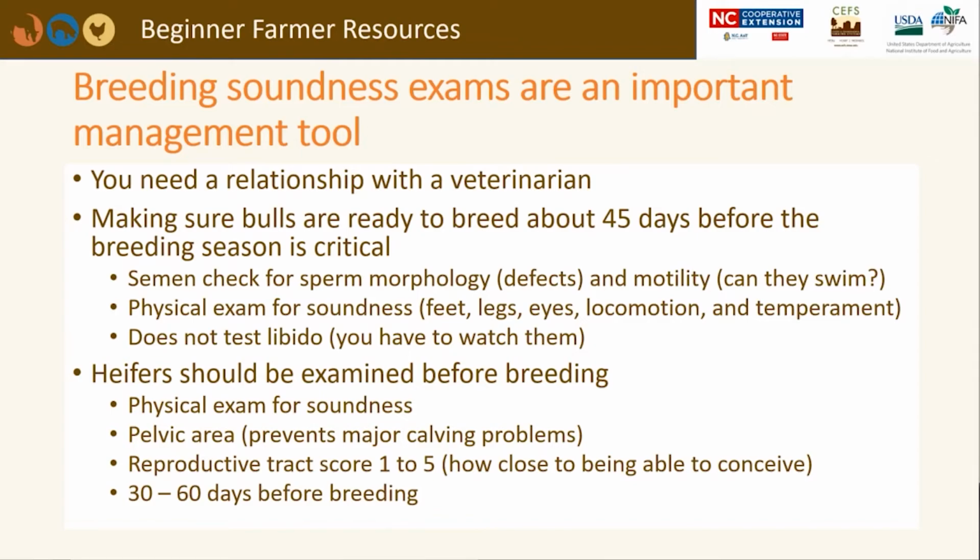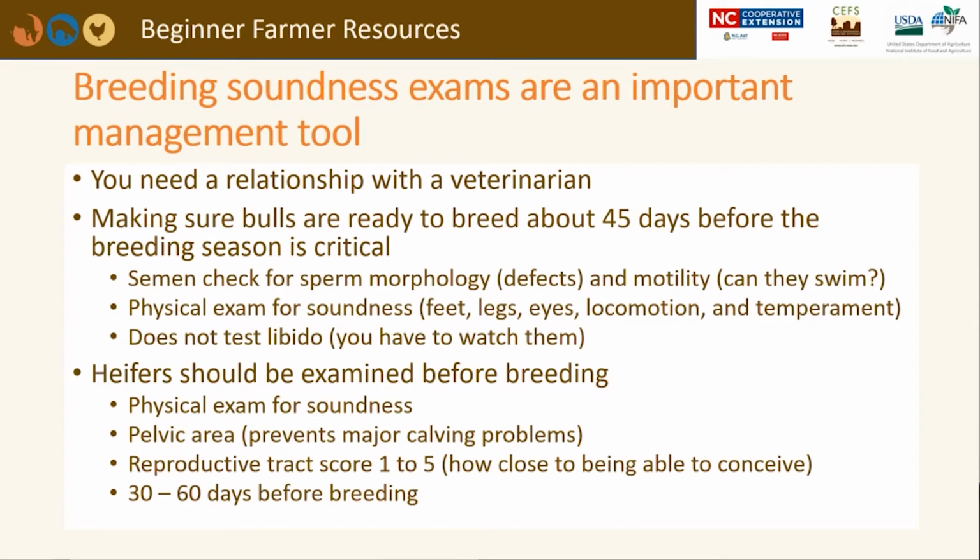We also want to do a physical exam on the bull, which involves looking at the soundness of his feet and legs, making sure that his eyes are good, that he can see, that he can walk well and walk around looking for cows, and also that he is gentle enough in temperament that it's not going to be dangerous to enter the field where he is.